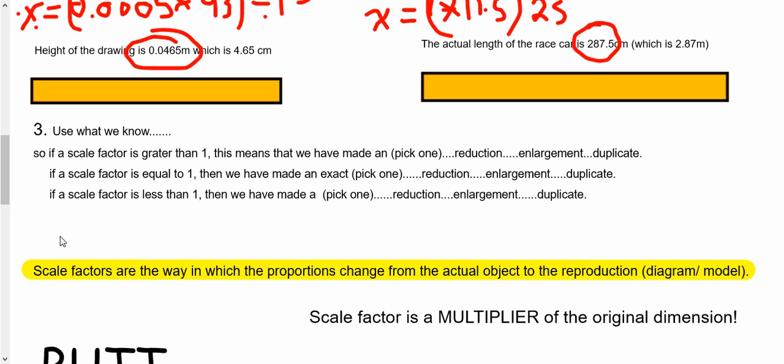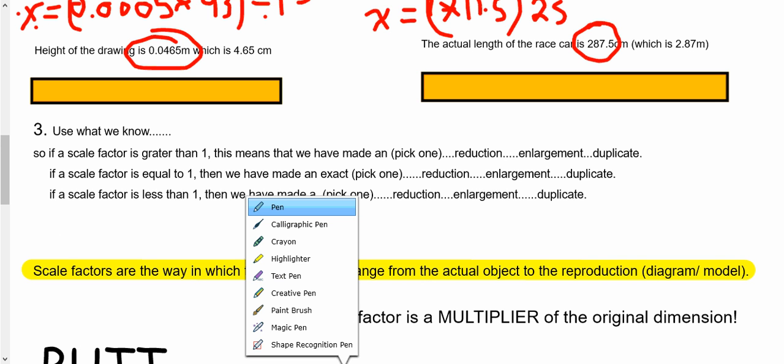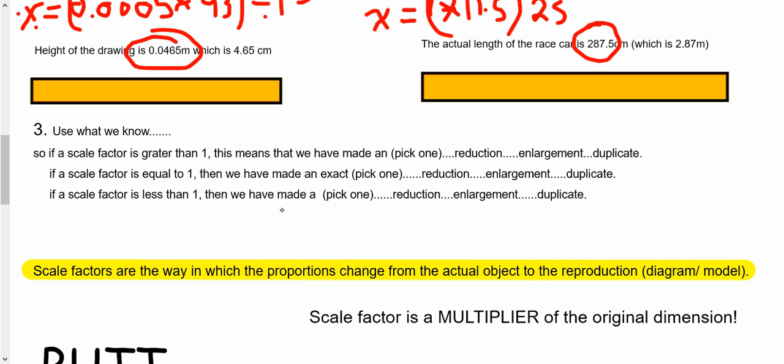Okay, I will stick with a pen. If a scale factor is greater than 1, this means that we have made, pick one, ready? A reduction, enlargement, or duplicate. Well, if it's greater than 1, we've made it bigger, so it's an enlargement.